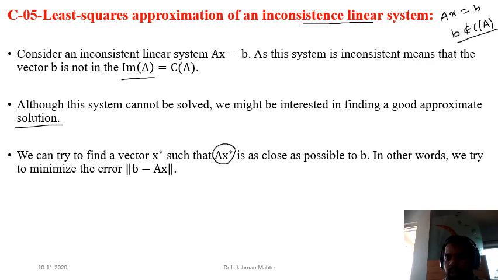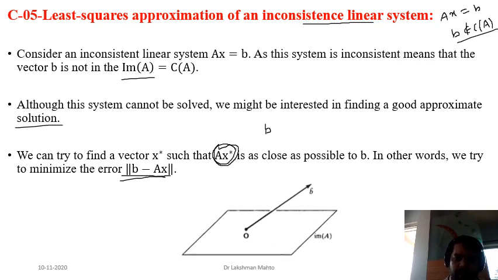In other words, we try to minimize the error, that means the norm of b minus Ax. From a calculus perspective, we try to minimize this error, the norm of b minus Ax. That means we will project b in such a way that A times x star would be the closest point of b in the specific plane.